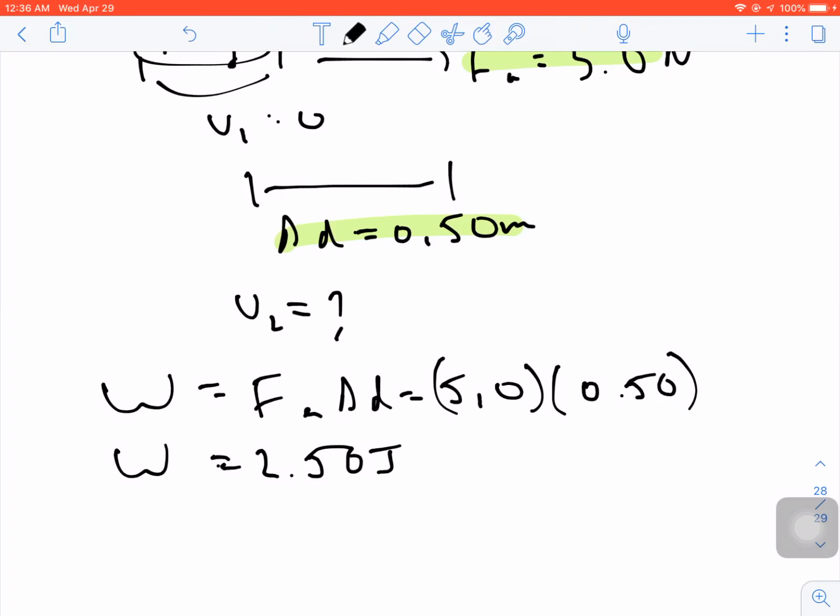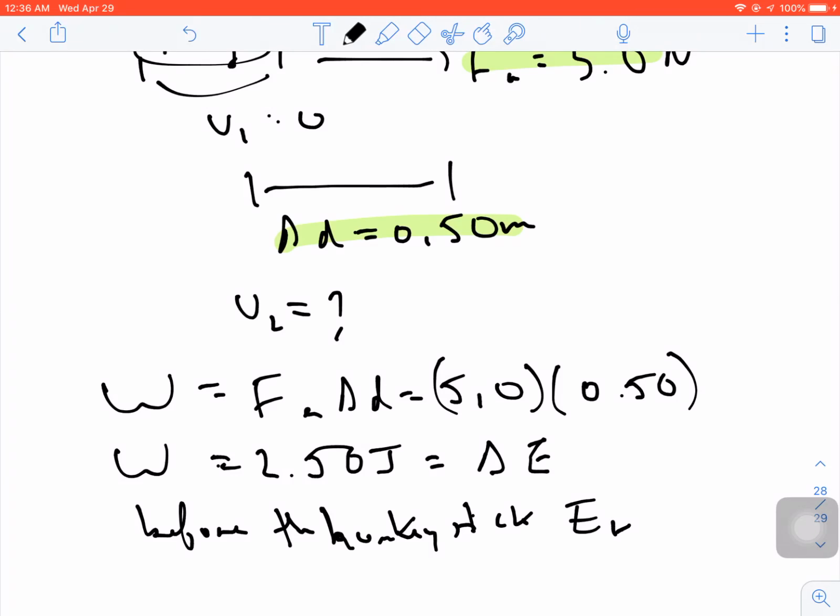Okay, now what? Well, I know that if it has had this much work done to it, that work is how much energy changed for that puck from the time it was sitting there till the time it left the stick. Now I know that when it was sitting there, it had a kinetic energy of 0 because it was sitting there. So before the hockey stick, it had an EK equal to 0.